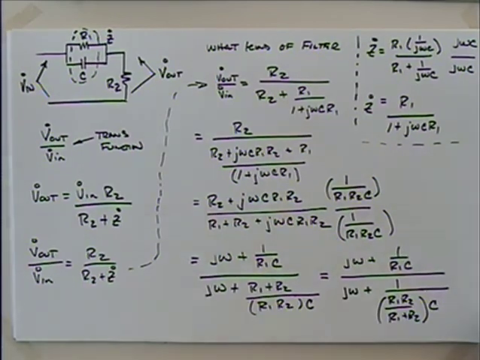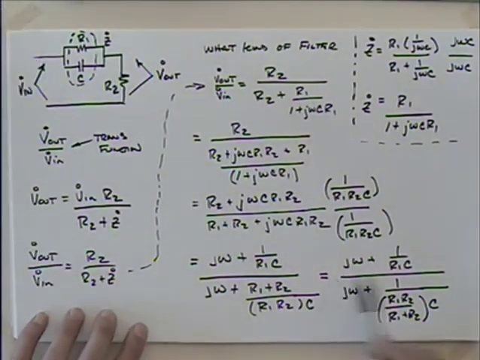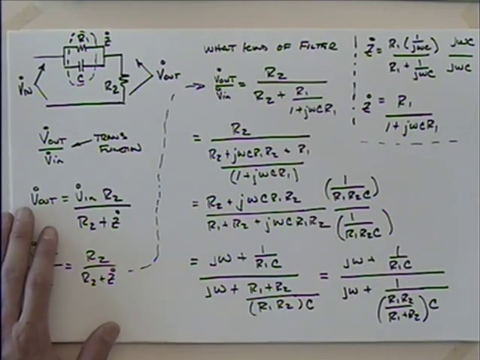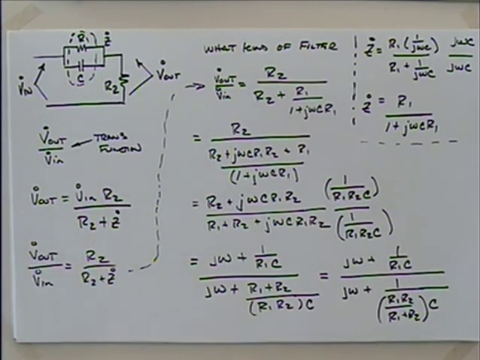And if I wanted to look at this without a computer, it's kind of nice. I have exactly the same in the numerator and denominator, except where I have R1 here, what do I have? R1 times R2 divided by R1 plus R2. So we could play around with that if you wanted to.